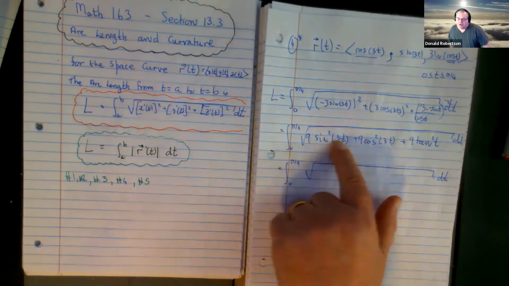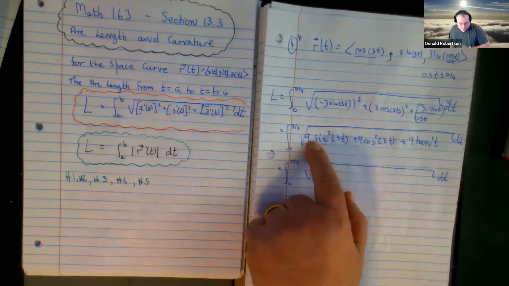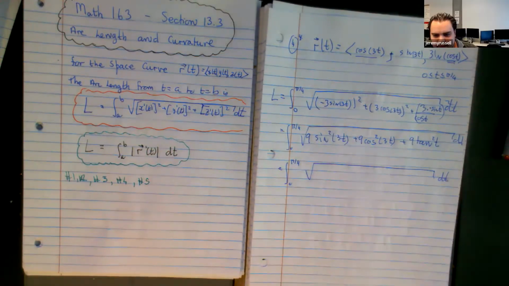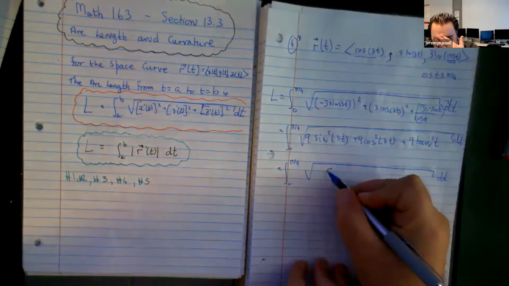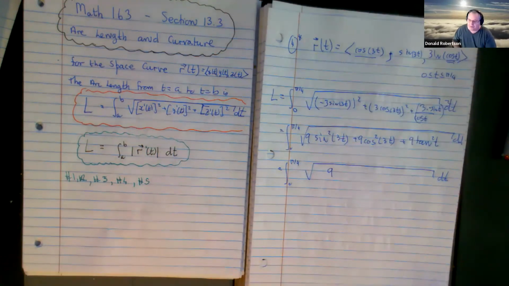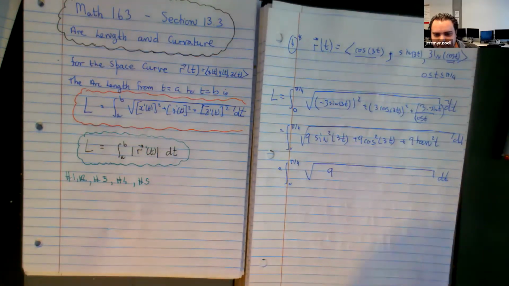Can you see anything you could do to these two guys? Turn it into 9. Oh, the 3. Yeah, what happens with 3 inside? It doesn't matter, still 9. Okay. As long as it's the same guy, right?